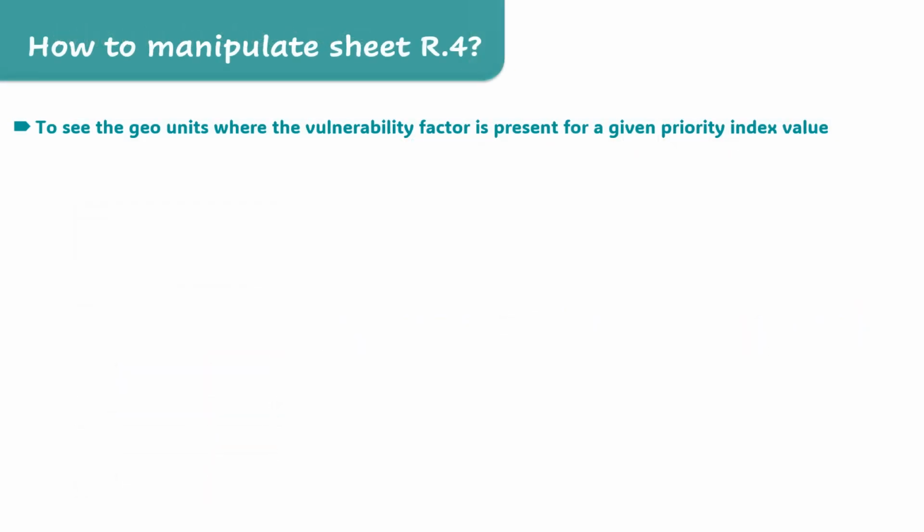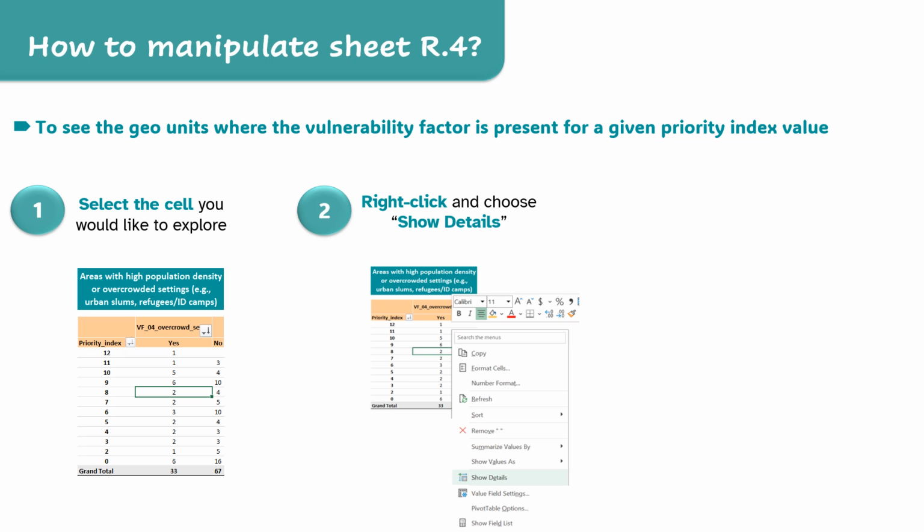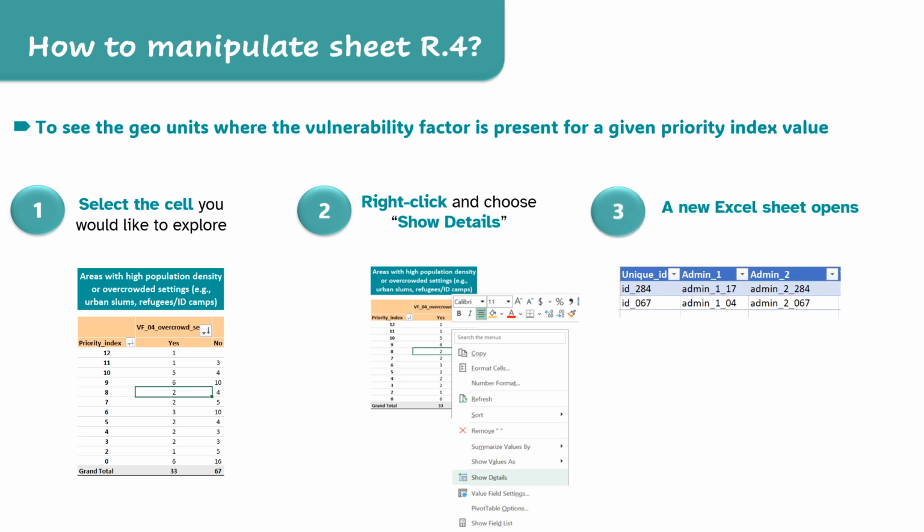To see in which geographic units a vulnerability factor is present for a given priority index value, go to the cell that you wish to explore, right-click, and choose Show Details. Clicking Show Details will generate a new Excel sheet where you will find detailed information about these geographic units.